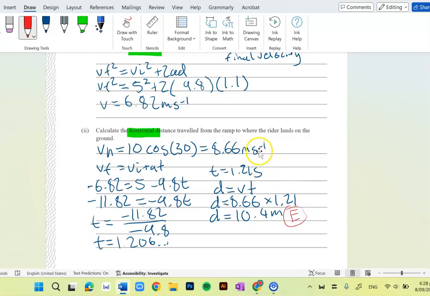If you find t equals 1.21 seconds, or you get all of this but make an error when finding the 10.4, maybe you use this speed here instead of the 8.66, you get merit. Then achieved is if you find the 6.82. Any one of those two is achieved.